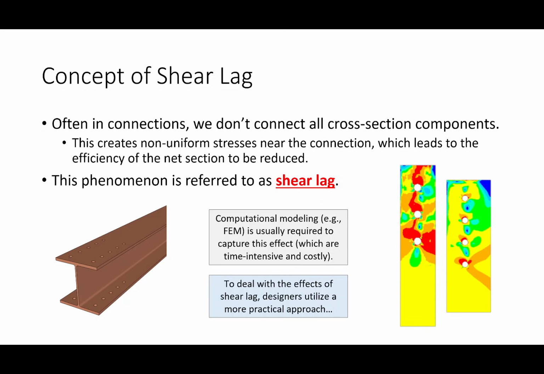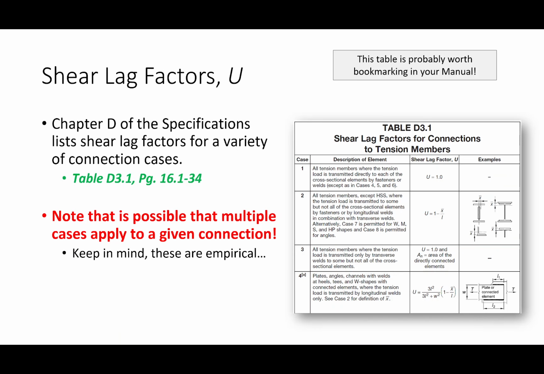Now, we are not going to perform some rigorous computational finite element analysis for every single tension member that we design. What we would like to do is use what's called an empirical expression. You all have already been using empirical expressions in a lot of your classes.